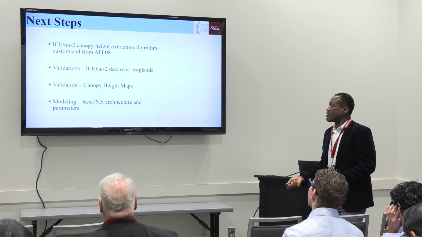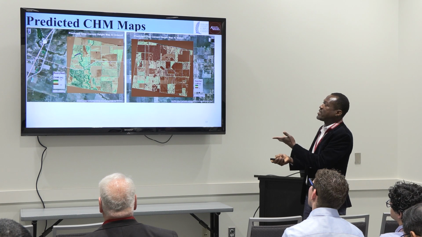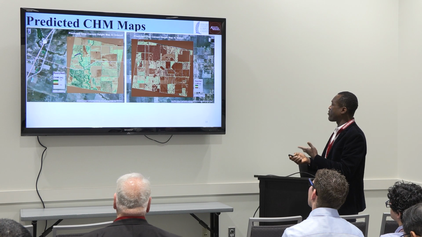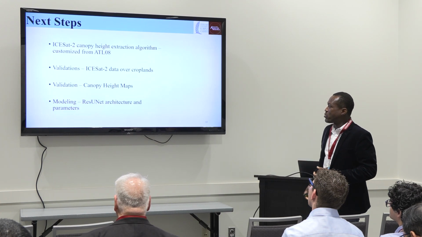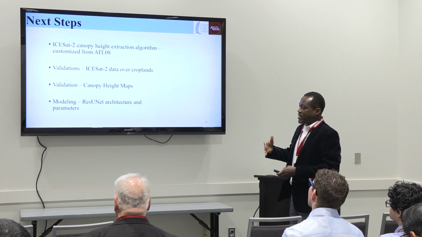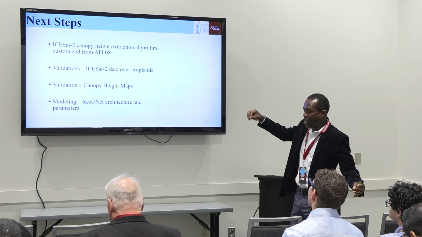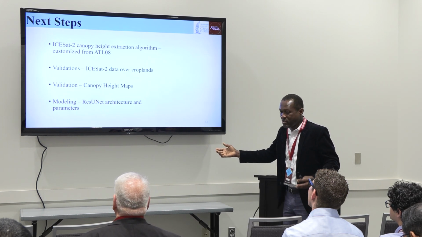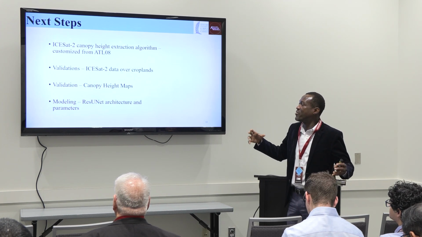However, the work is not done because I have not validated these maps. So as part of the next step, I wish to validate the map. Secondly, as you can see, using the 3 different data sampling methods, the values were close, but they were still giving different results.